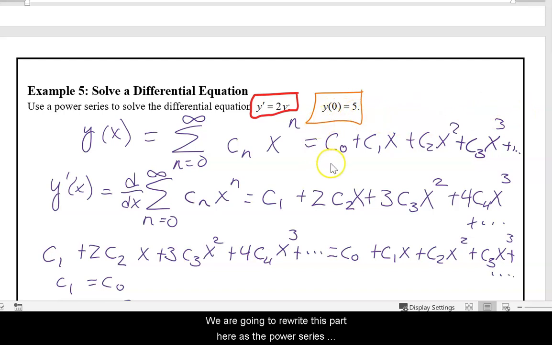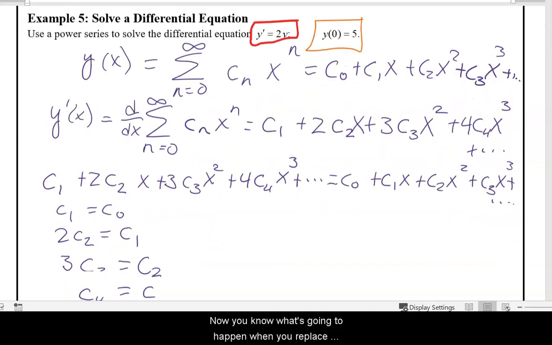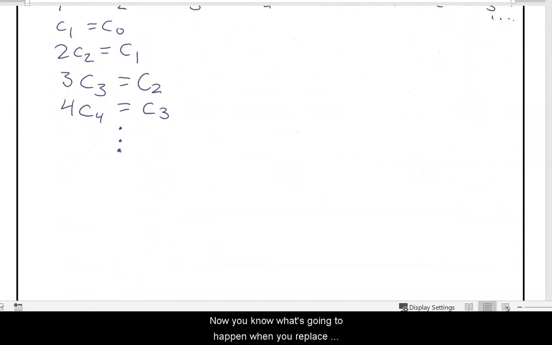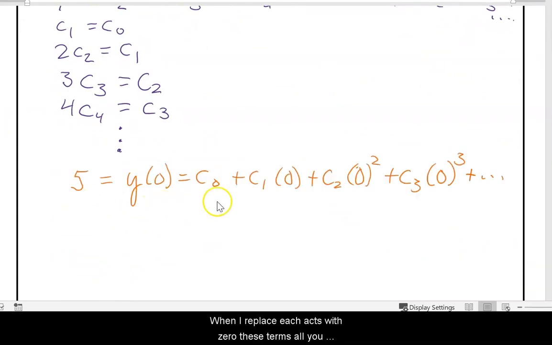So we are going to rewrite this part here as the power series representation for y, but we're going to replace each occurrence of x with a 0. Now you know what's going to happen when you replace all of those x's with 0. When I replace each x with 0, these terms all, you got it, go to 0.